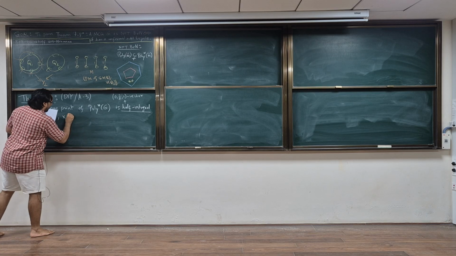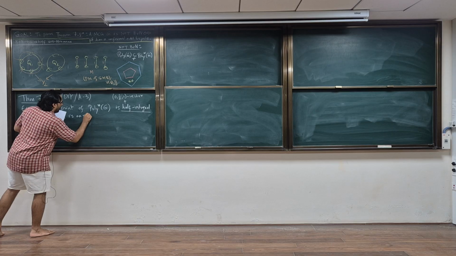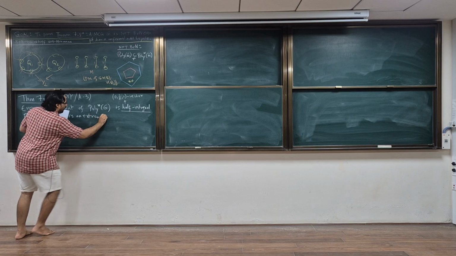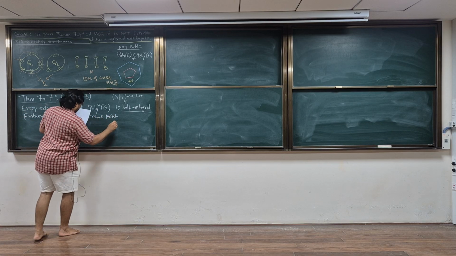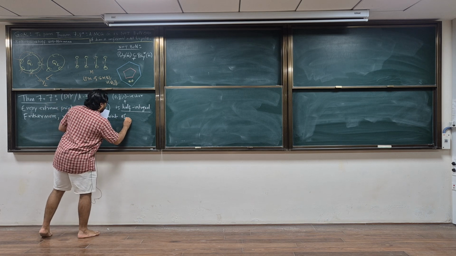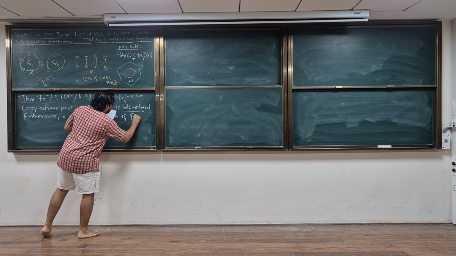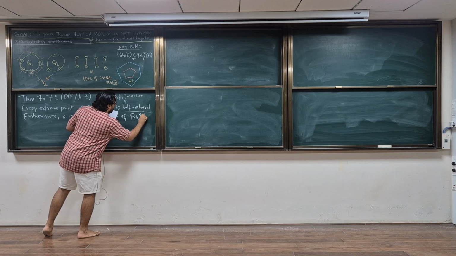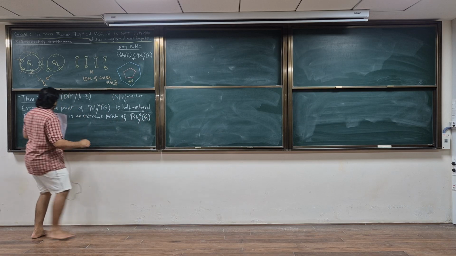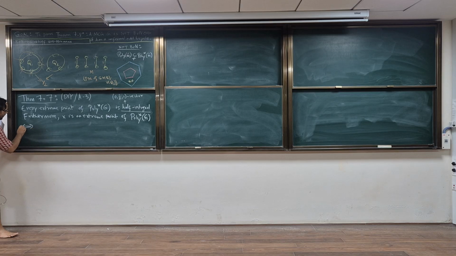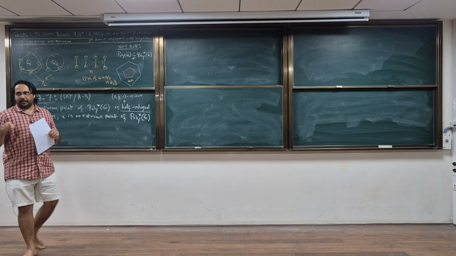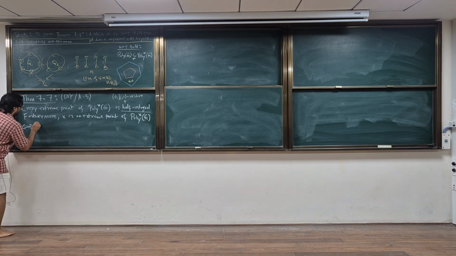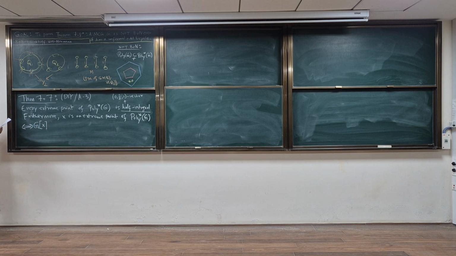Furthermore, X is an extreme point of the fractional perfect matching polytope if and only if the graph induced by the support of X, which is something we did in the proof, the subgraph induced by the support of X is a spanning subgraph whose each component is either an odd cycle or K2.